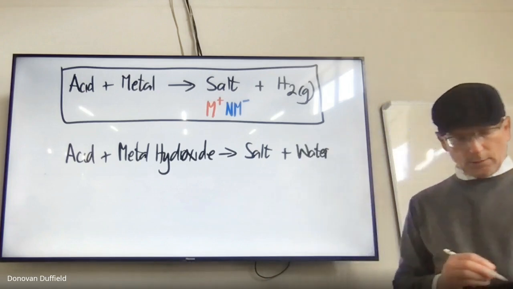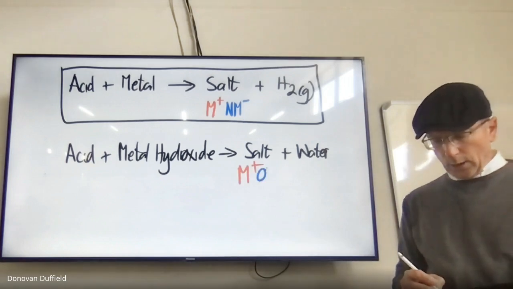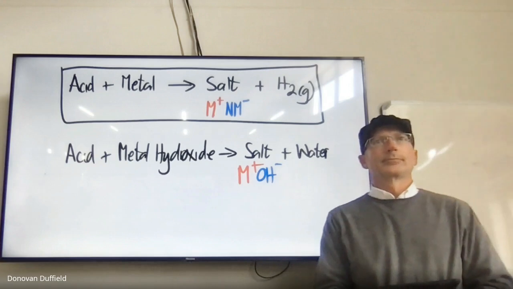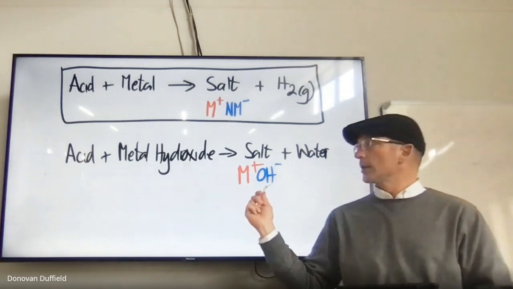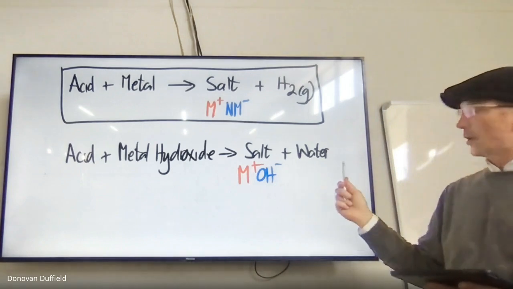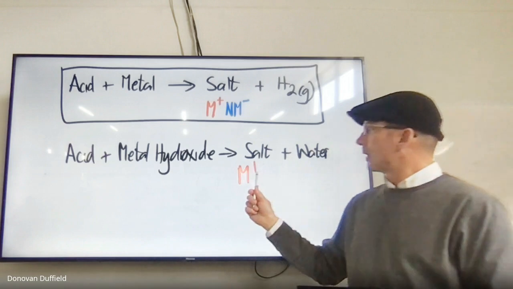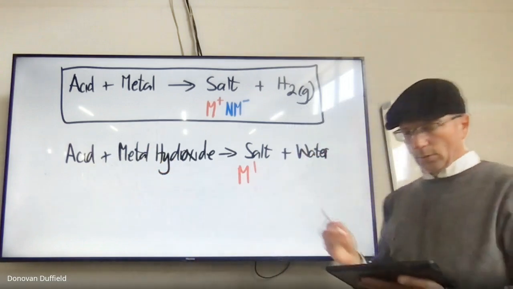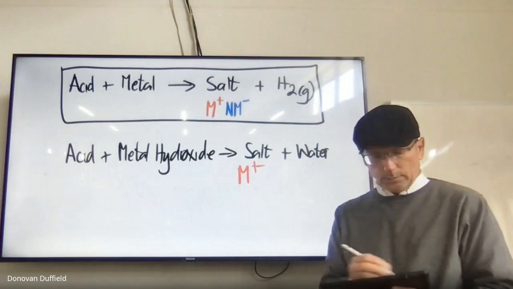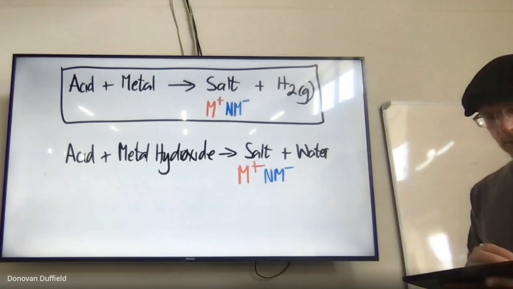All right, so the salt in this case would be M plus, and there would be OH minus, because the hydroxide will give you the OH minus. Okay, I just want to check here. No, that is wrong, Mr. Duffield. That is actually wrong. Sorry. The non-metal ion will still be from the acid. The hydroxide will contribute to the water. My bad. Okay. All right, that's an acid plus a metal hydroxide.